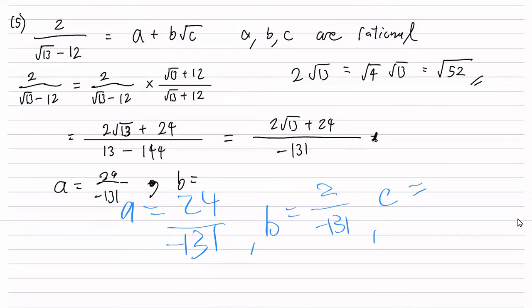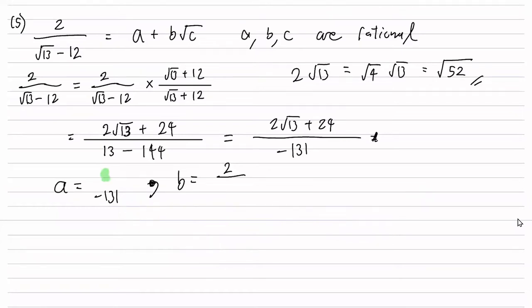A plus B root C. So A is on its own, 24 over negative 131. B is the coefficient, so 2 over negative 131. C is 13.